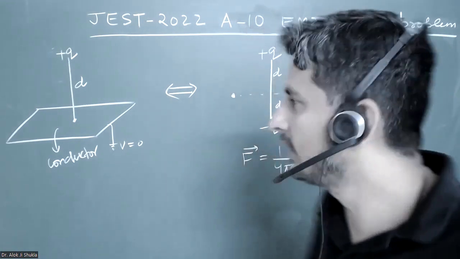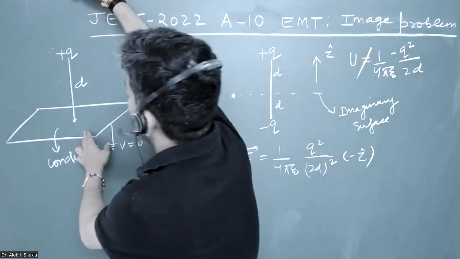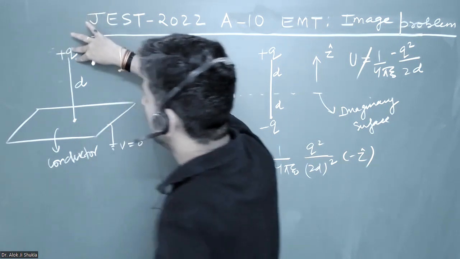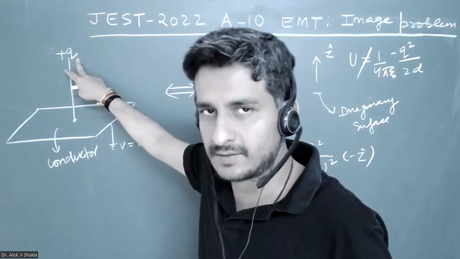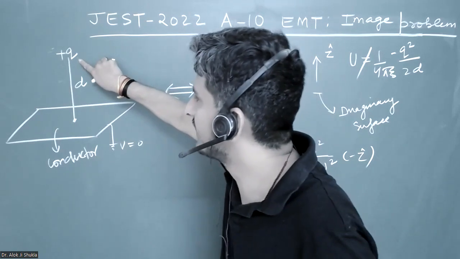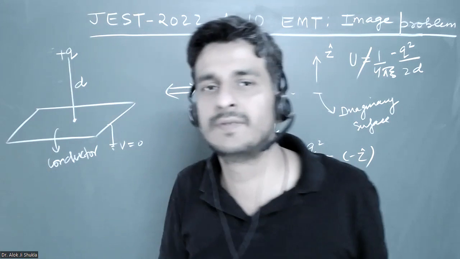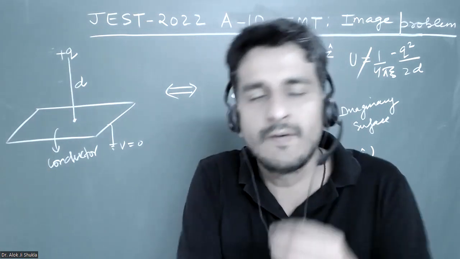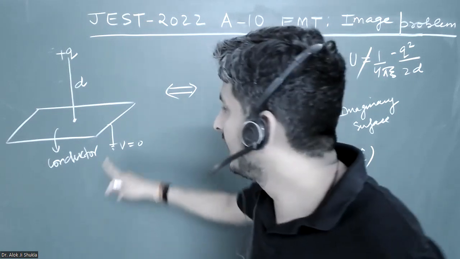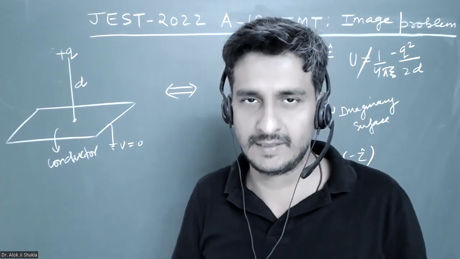So what we have to do is, when you see the original configuration, you have to do work to bring this charge. Okay, energy involvement will be there to bring this charge, but the charges on the surface, which are the induced charge minus q, will also start roaming around. But since they are at zero potential, no energy involvement will come in this picture.